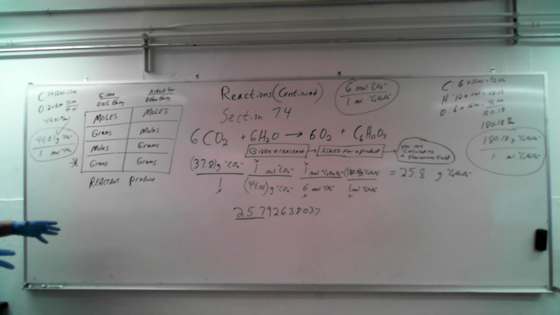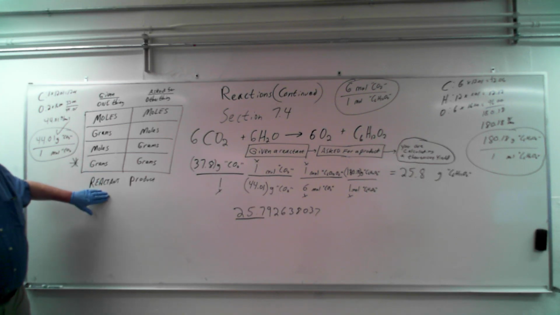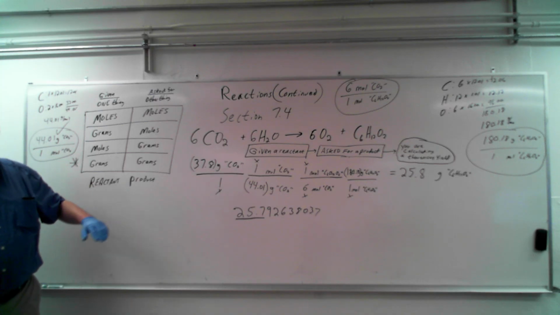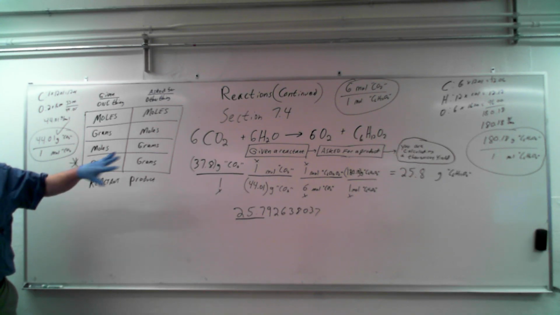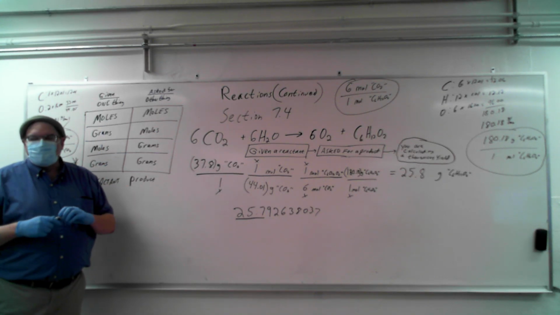So in the specific case, that something from this category is one of the reactants, and one of these things is one of the products, what you're actually calculating is called the theoretical yield. So really what we just did is calculated the theoretical yield of the glucose. If you're given a reactant and asked for a product, you're calculating the theoretical yield.